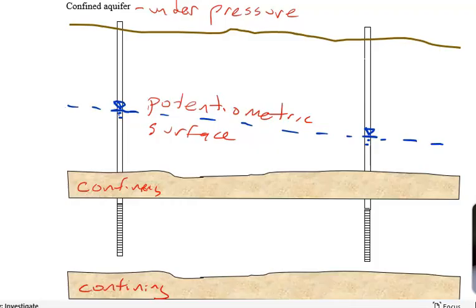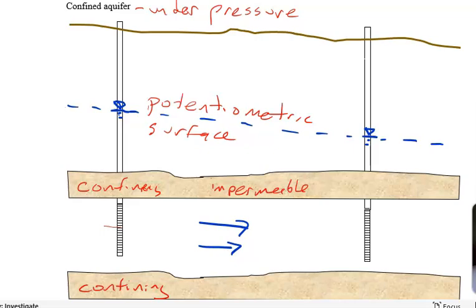And again, water flows downhill, going from there to there, which means my water is flowing in this direction. And again, I have these two impermeable layers. They can actually be a little bit permeable.